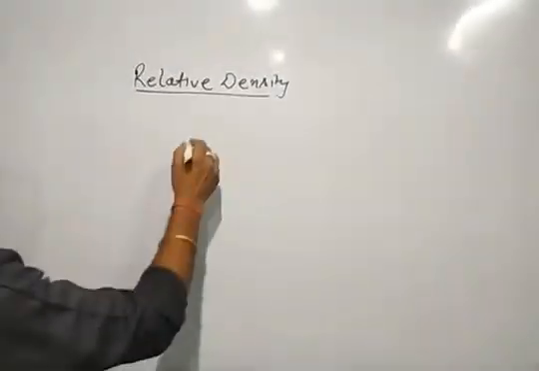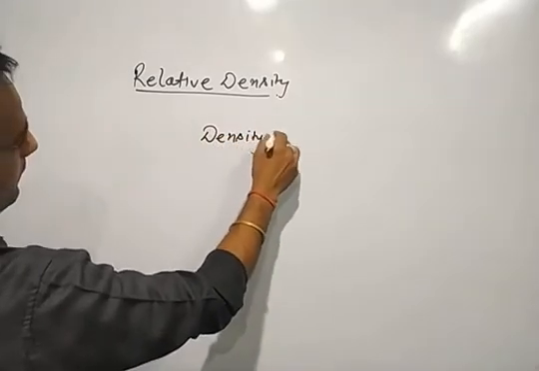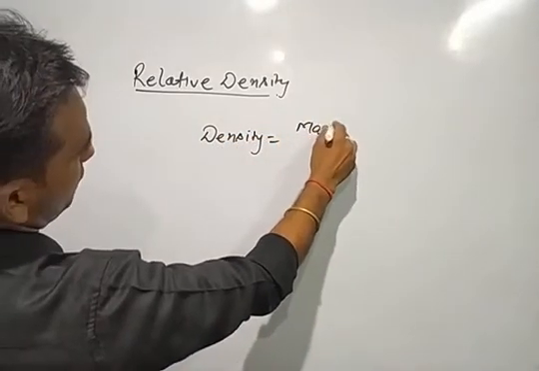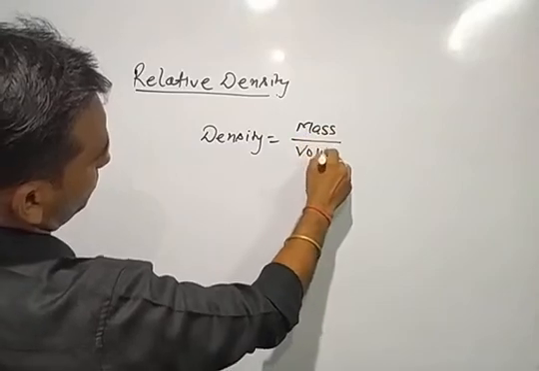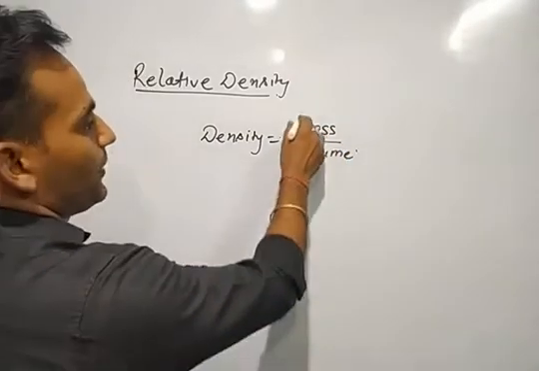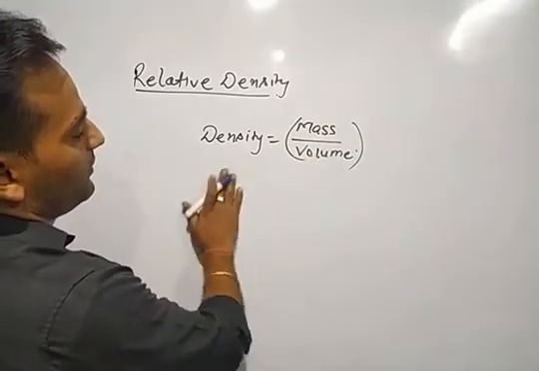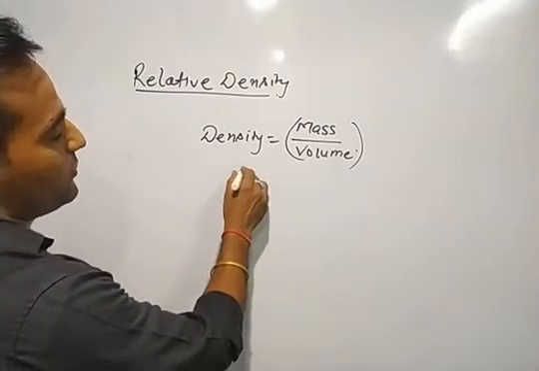So, density is mass per unit volume. The density is represented by rho.